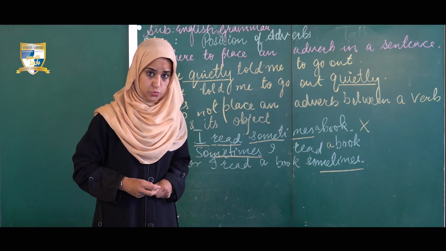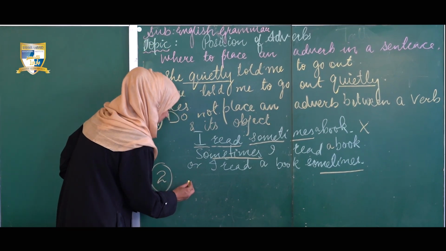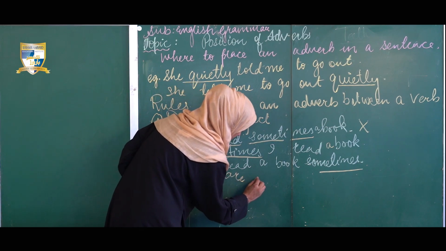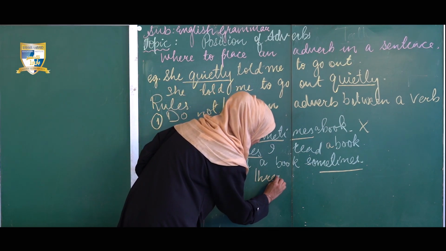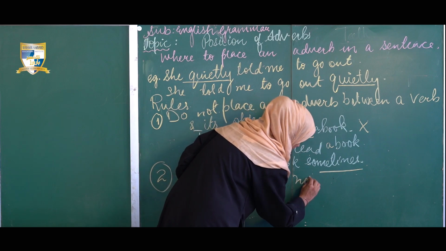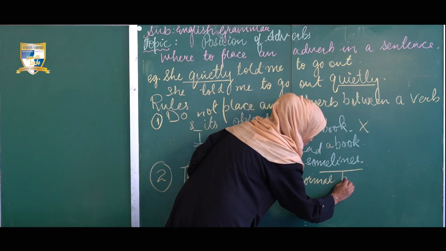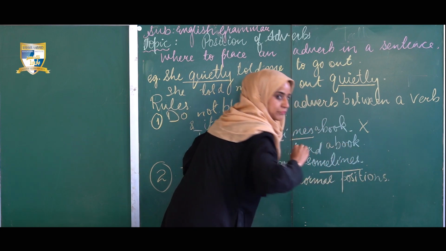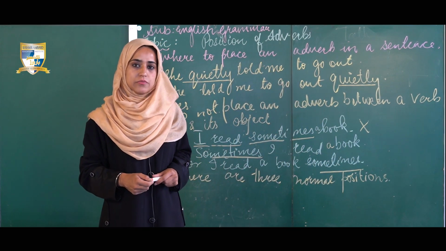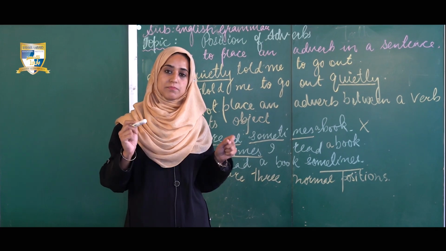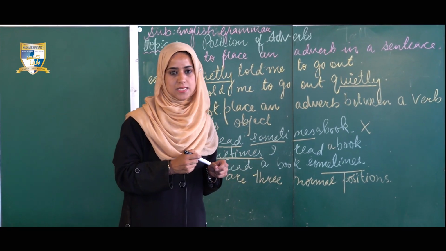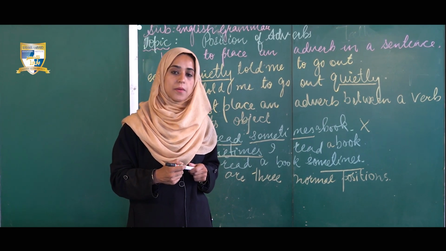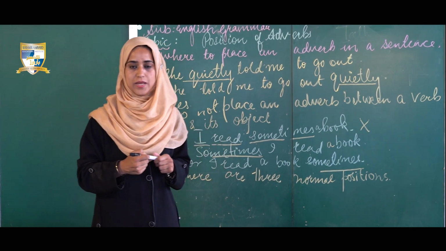As per rule 2, there are 3 normal positions. Dear children, we have 3 normal positions for placing an adverb in a sentence. These 3 positions are front position, mid position, and end position.